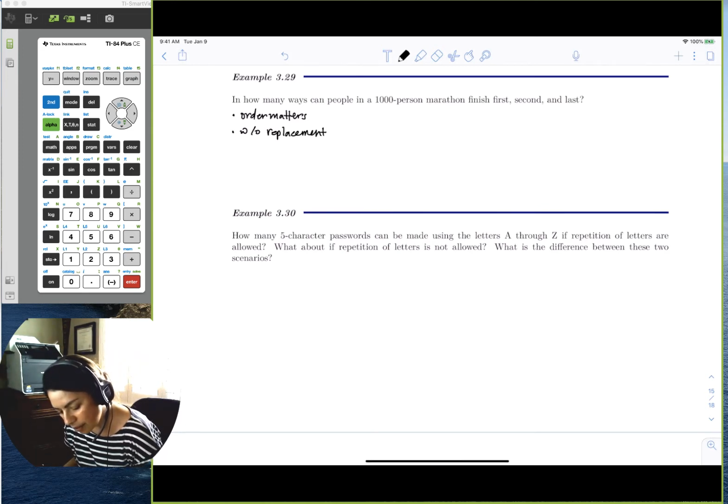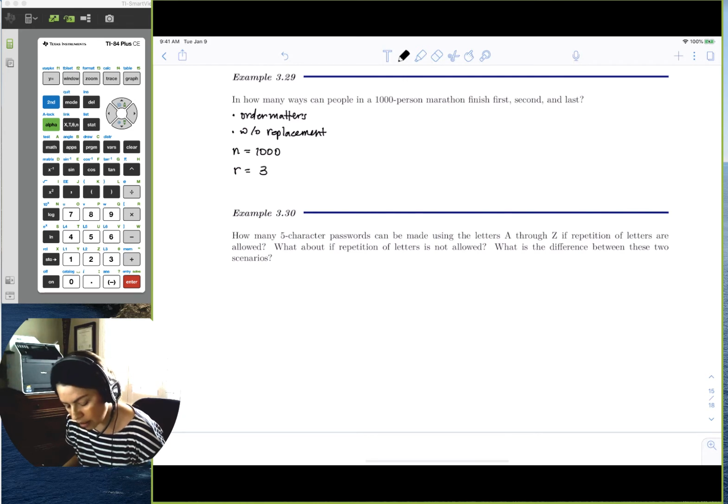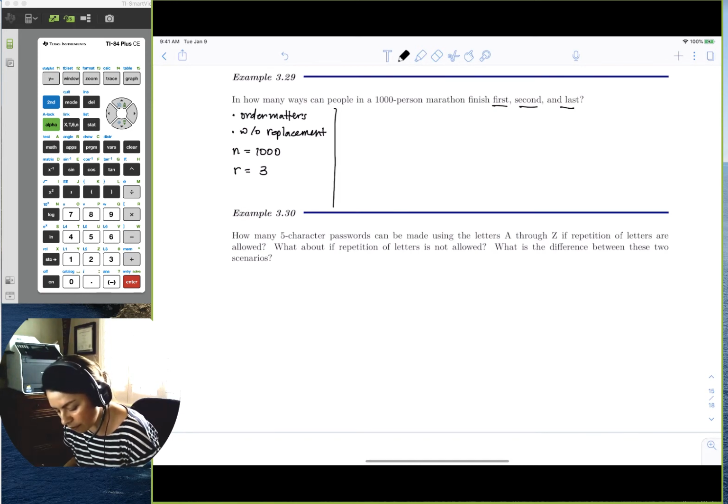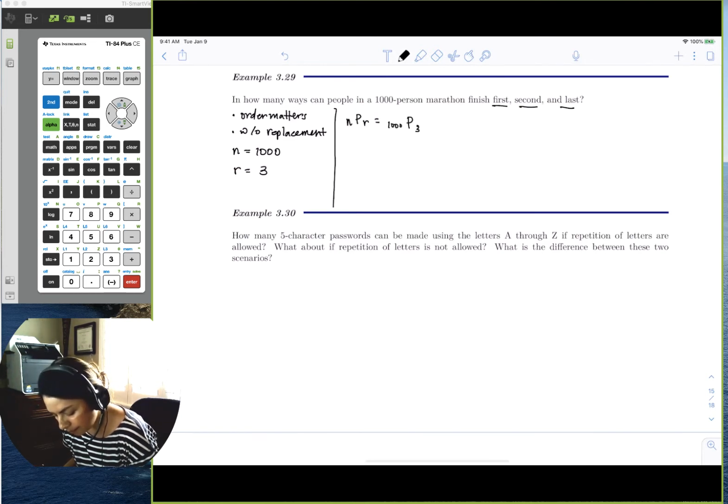Okay, the next thing we want to notice is that we have 1,000 people to pick from for 3 places, right? And so we could do this one of 2 ways. The first way is noting that n pick r is going to be 1,000 pick 3.